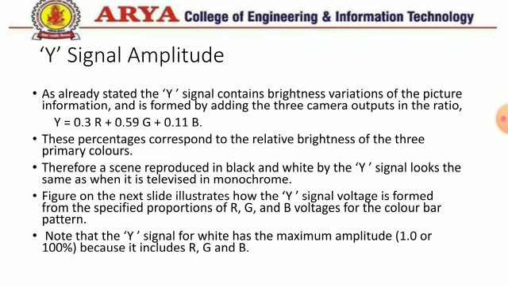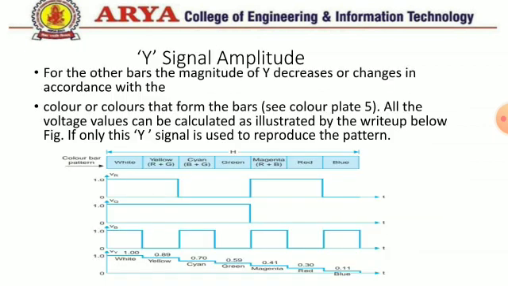Therefore, a scene reproduced in black and white by the Y signal looks the same as when it is televised on monochrome. The figure on the next slide illustrates how the Y signal voltage is formed from the specified proportions of red, green, and blue voltages for the color bar pattern. Notice that the Y signal for white has a maximum amplitude because it includes red, green, and blue color.